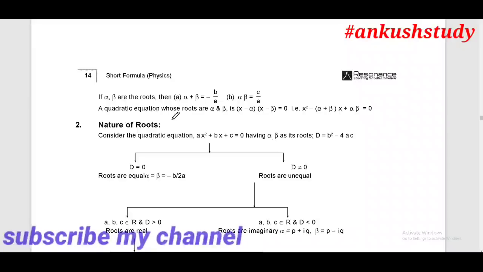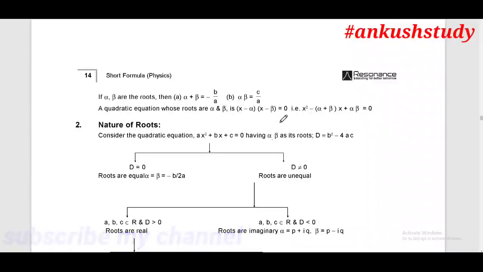A quadratic equation whose roots are alpha and beta is x minus alpha into x minus beta is equal to 0. That is x square minus (alpha plus beta) into x plus alpha into beta is equal to 0.